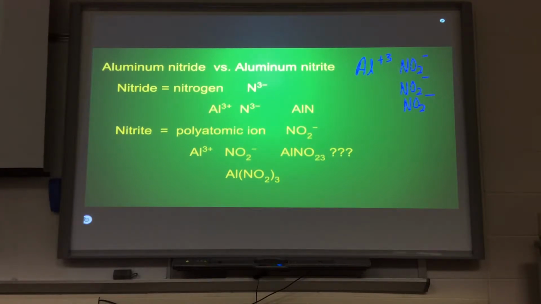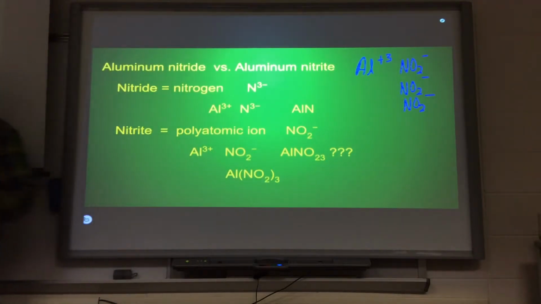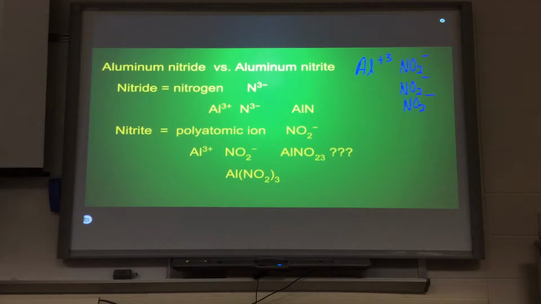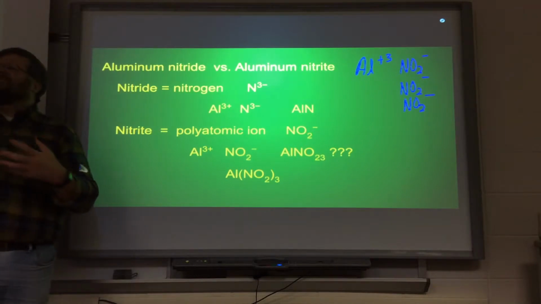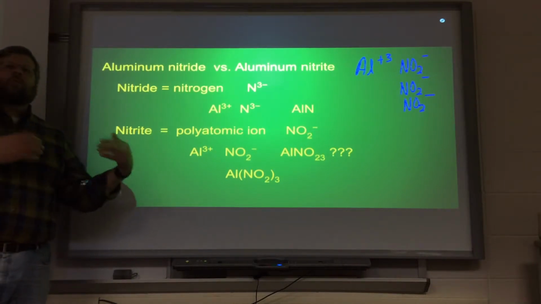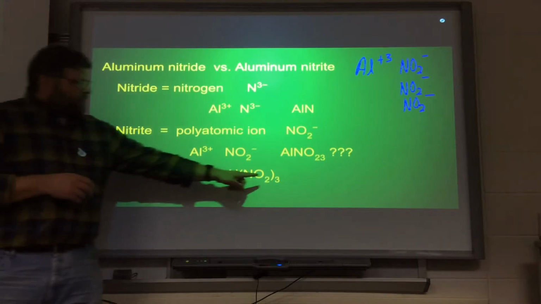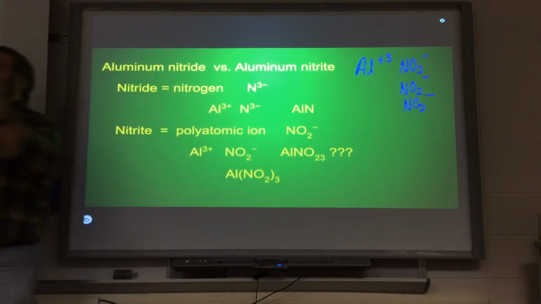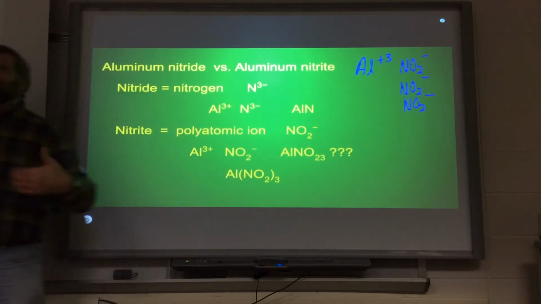We put parentheses around the formula for our polyatomic ion, because we know that those are together as a group. And then we put the number that we need of them to make this compound happen after the parentheses. So it's still following the same rules for writing out our formula. That 3 is really distributed into those parentheses. So we have 3 nitrogens here, and we have 6 oxygens represented.